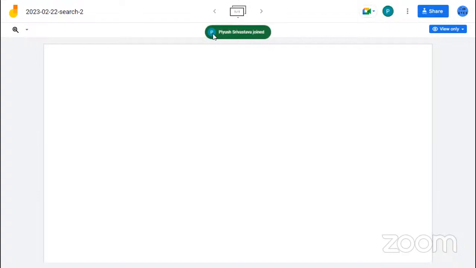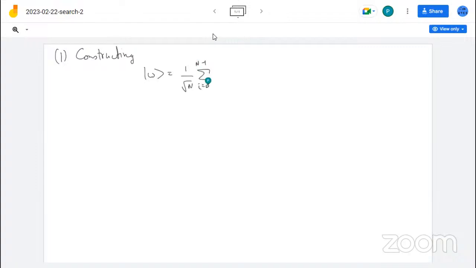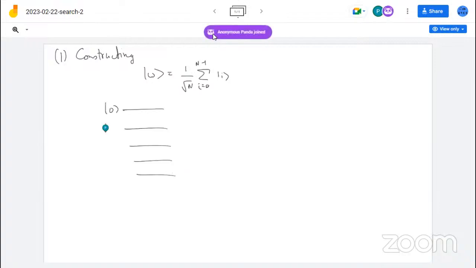Just consider the following. In step 1, constructing this W. What you do is you just have a bunch of zeros, and you put a Hadamard on every one of them.